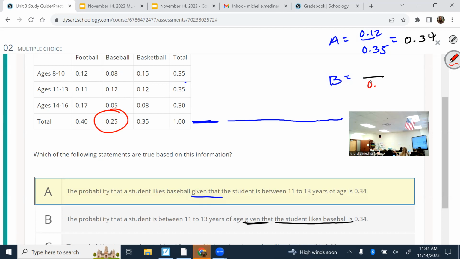I know 0.25 isn't a fraction of a person, but they gave us a relative frequency, so we have to go based off of it. So then out of these kids, what's the value for 11 to 13-year-olds? David? Out of those kids, what's the value for 11 to 13-year-olds? No. So we want to know basically, given that a student likes baseball, how many of them are 11 to 13?